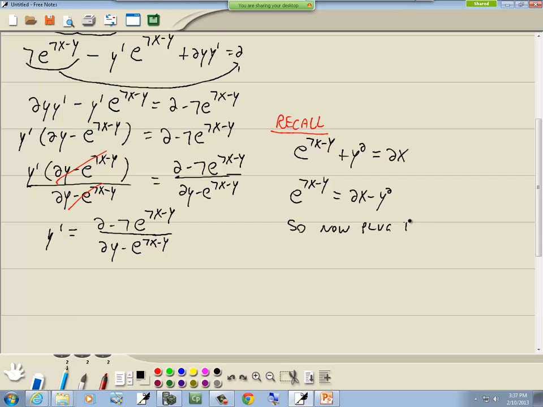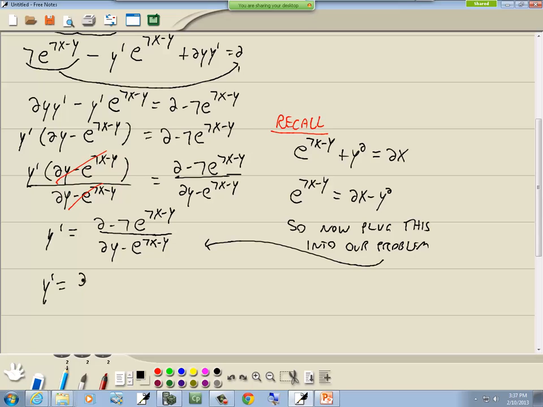So now I'll plug this into our problem. Everywhere we have an e^(7x-y), we're going to replace it with 2x minus y squared.